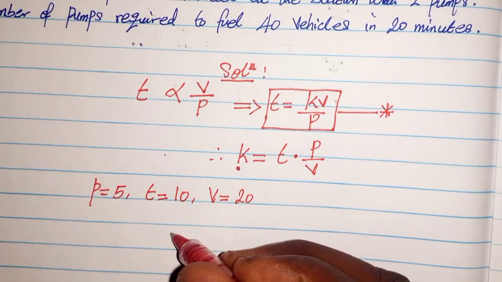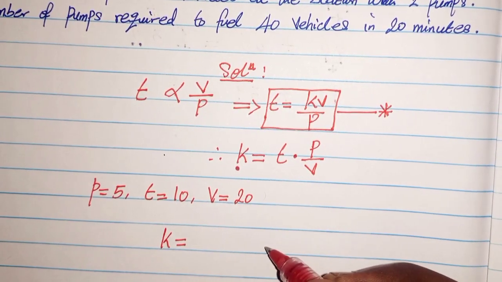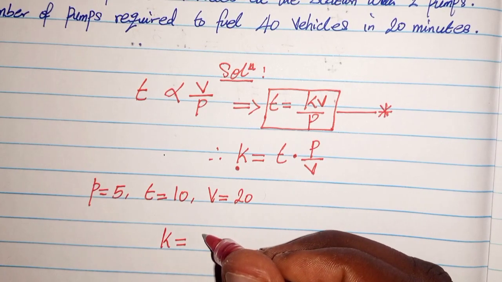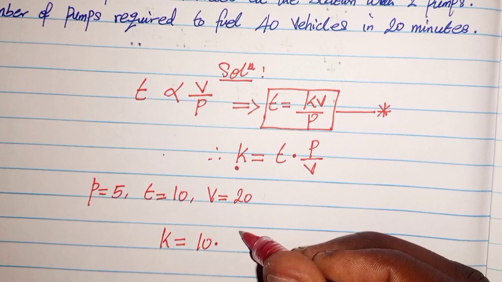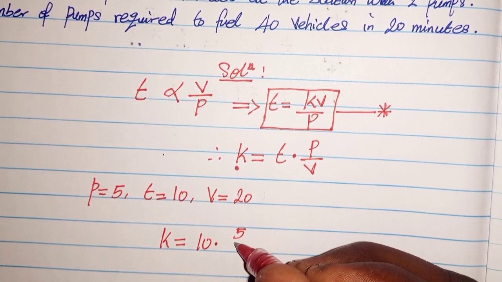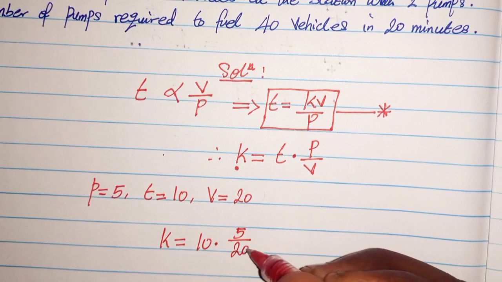So we can see here that our K is equal to 10 times 5, which is our P, all over the V, which is 20.